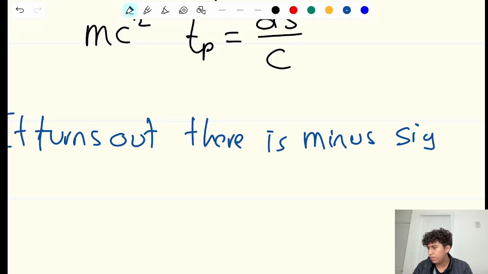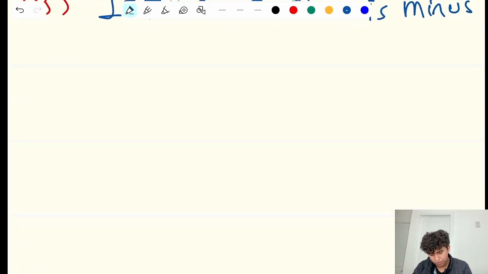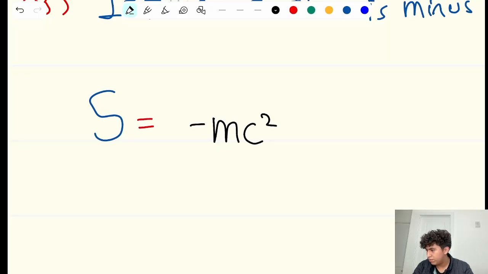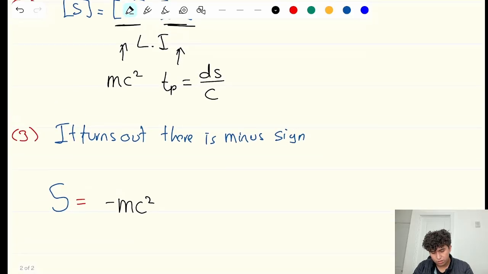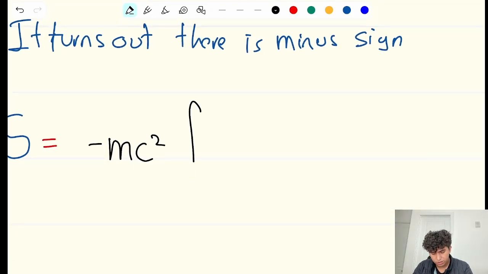Okay, so we combine all these three conditions, and essentially what we get is the following. The action is going to be minus mc², and then we integrate over ds.